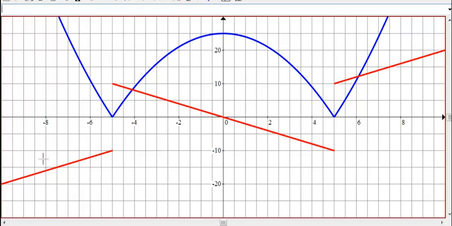And then the second derivative is y equals 2, and that's going to happen again for the left piece, which is x going from negative infinity up to negative 5. And then it's also going to be the same formula on the far right piece, which is x going from 5 to infinity.